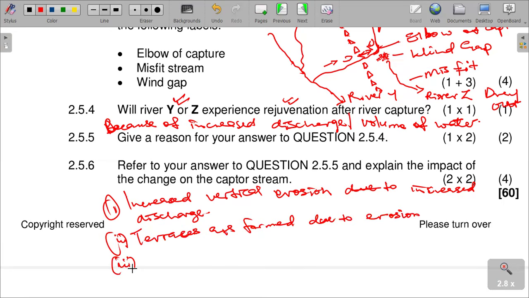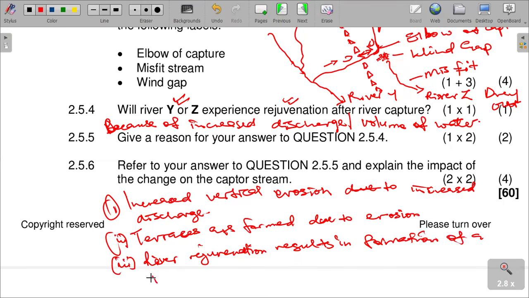And then we have our next question. I mean, another point that we can give also is river rejuvenation. River rejuvenation results in the formation of a valley within a valley.